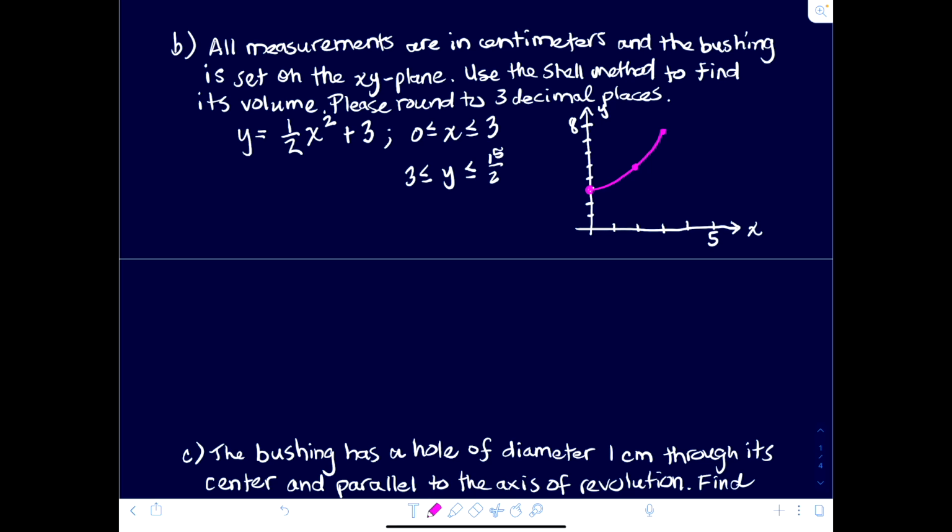But remember, y is bound between these values here.